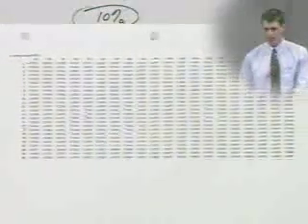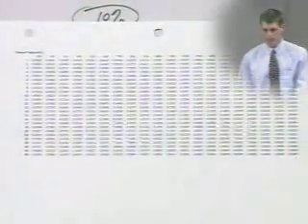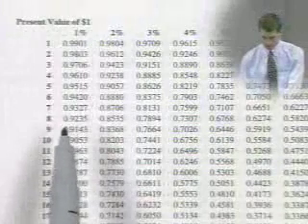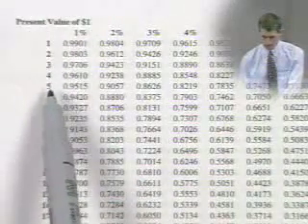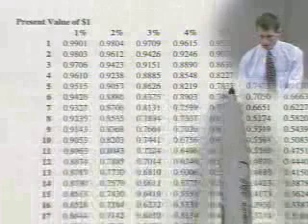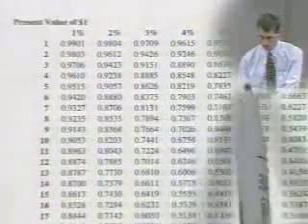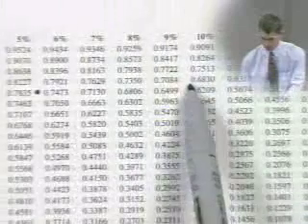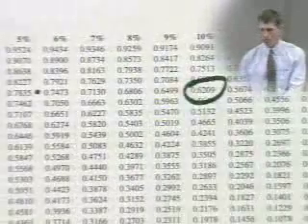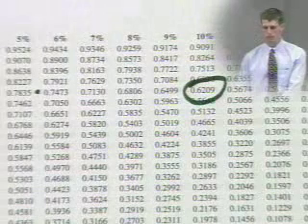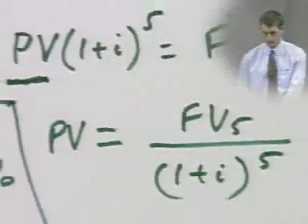Okay, so it's the present value of $1. That's the table we're talking about. In this case, we have 5 periods, so we go down to the 5th row. We go over to the 10% column. And I get right here 0.6209.